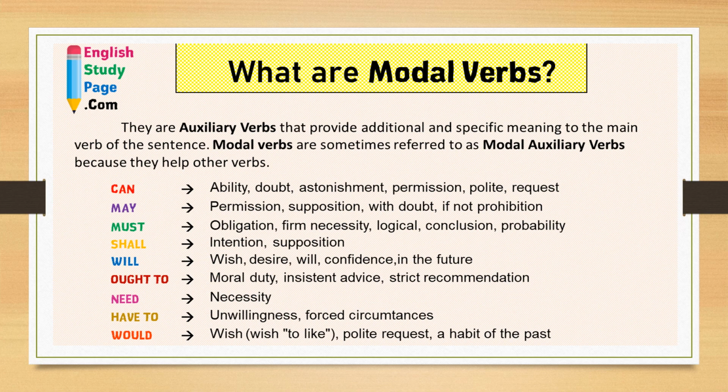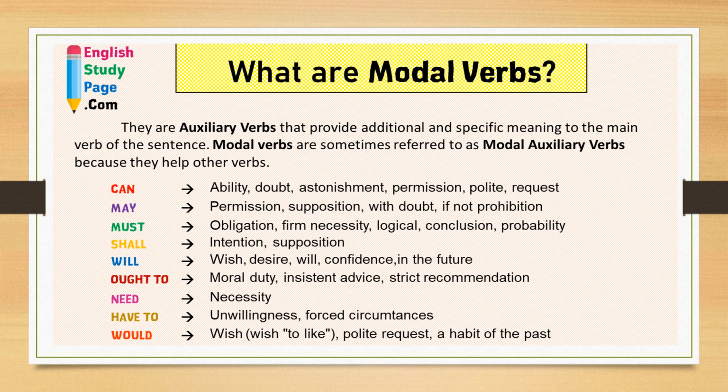Must is used to show obligation, some kind of necessity, some kind of logic or conclusion, and even probability. Shall is used to show intentions and suppositions. Will is used to show wishes, desires, confidence, or something that will be done in the future. Ought to shows moral duty, insistent advice, strict recommendation, and need shows necessity.